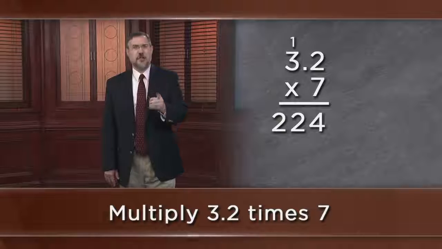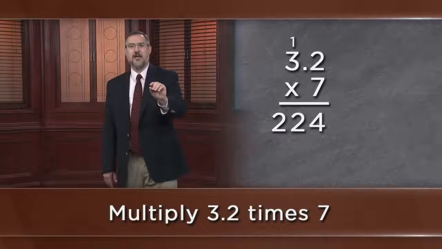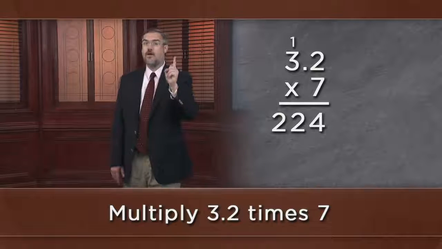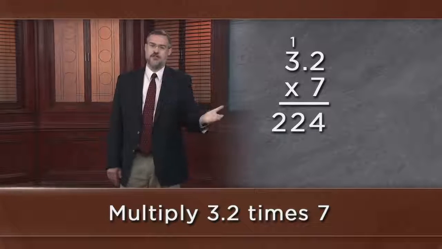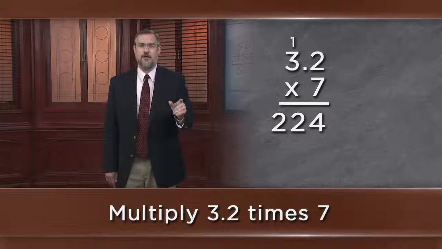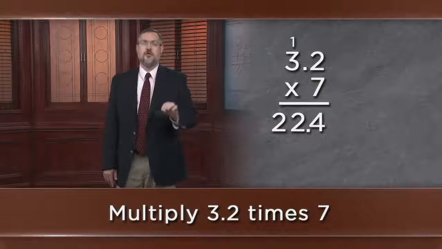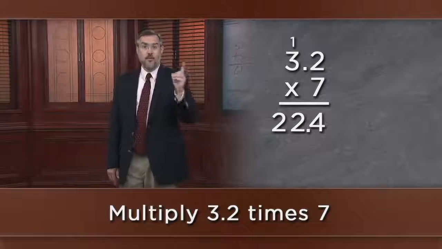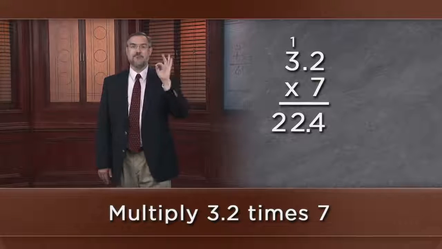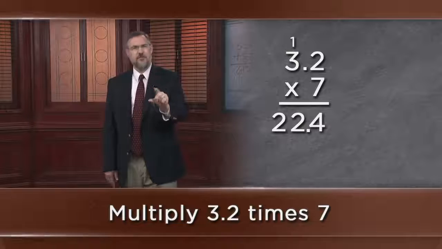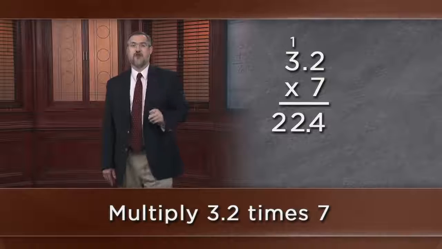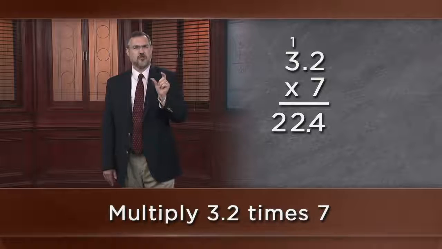And that means that we need to go back to our answer section and place the decimal point in our final answer so that exactly one digit in the answer is to the right of the decimal point. That means our answer is not 224, rather it's 22.4. You see now that one digit, in this case the 4, is just to the right of that decimal point, and that's perfect. And notice that this answer, which is just a little more than 22, is in the right ballpark, because a few moments ago we said we wanted an answer that was just a little bit bigger than 21.